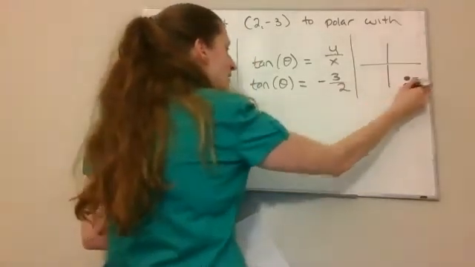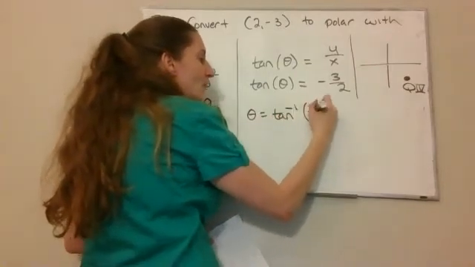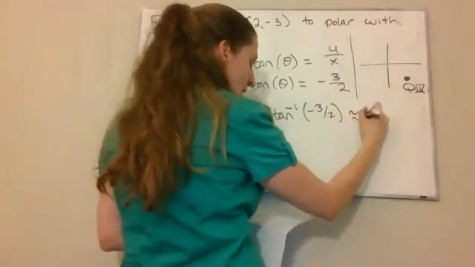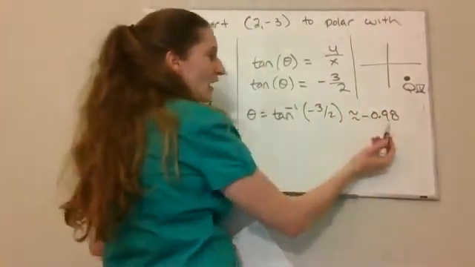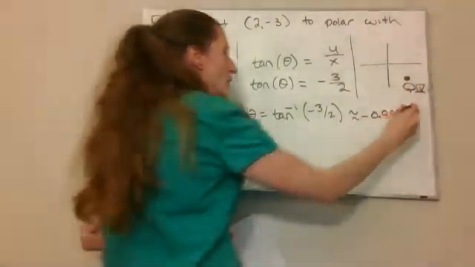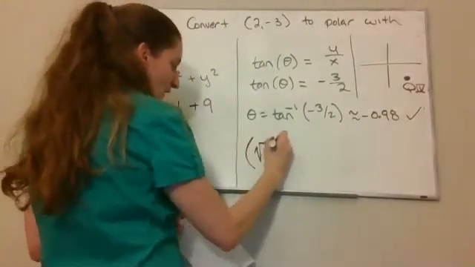If I type into my calculator theta equals the tangent inverse of -3/2, I get approximately -0.98. An angle of -0.98 would in fact be in quadrant 4, so we're good.